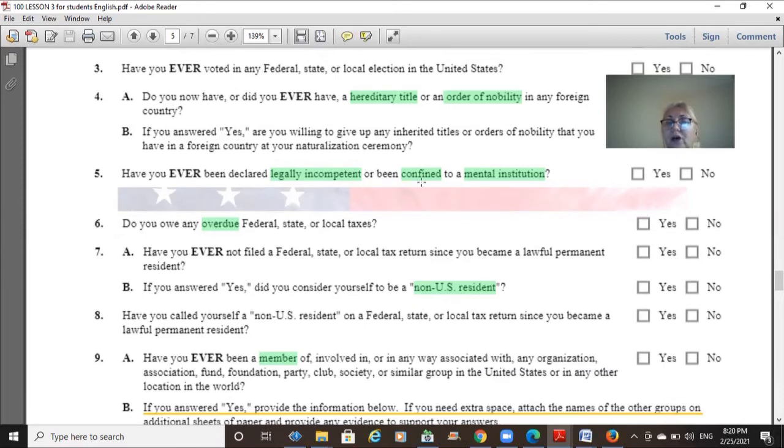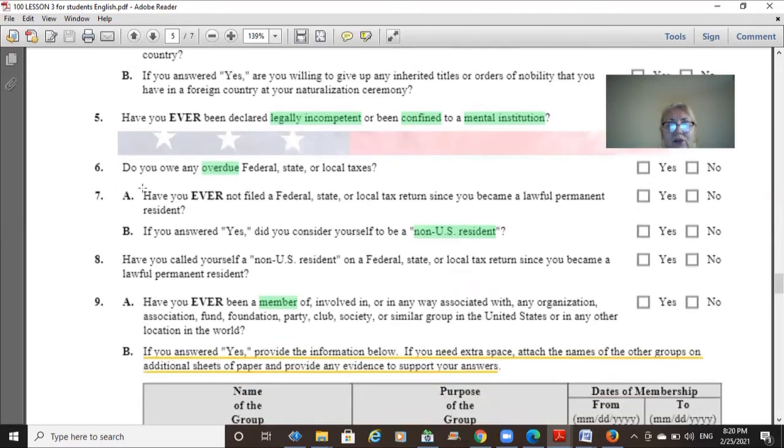To be confined to a mental institution means to be placed in a psychiatric facility, and you cannot leave it without doctor's orders. So please answer honestly yes or no.